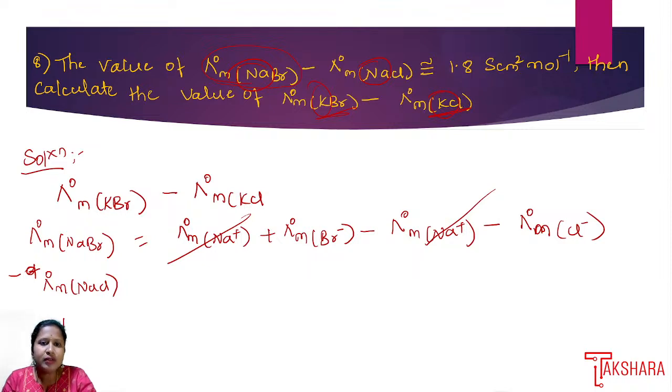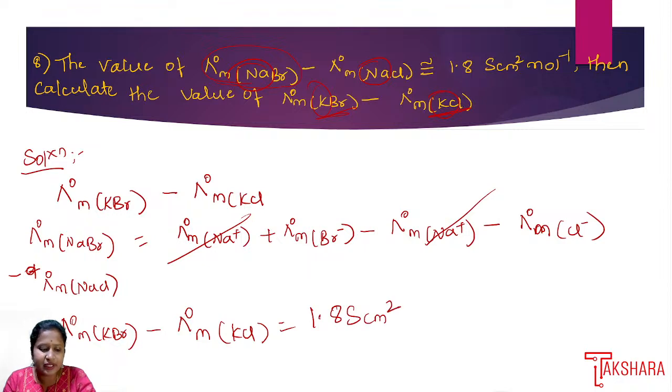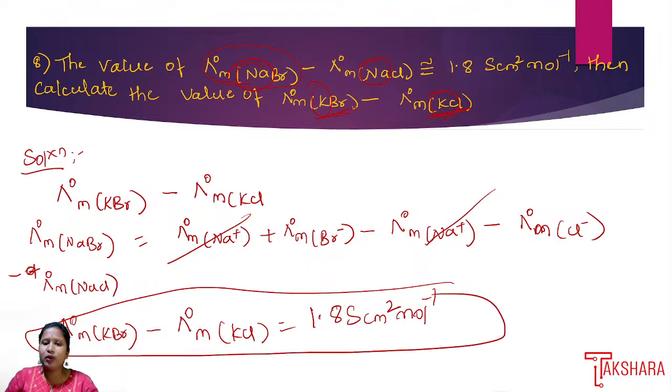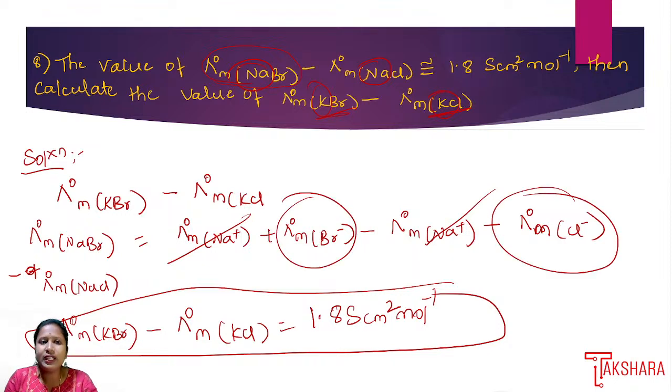So lambda naught m of KBr minus lambda naught m of KCl is equal to 1.8 Siemens centimeter square per mole, because if we write the sum of the individual ions, we get only the anions like this. Also, separate values are not given here. The difference of these two will be approximately equal to 1.8 Siemens centimeter square per mole, and the difference of the other two that we are going to calculate will also become the same answer, that is 1.8 Siemens centimeter square per mole.